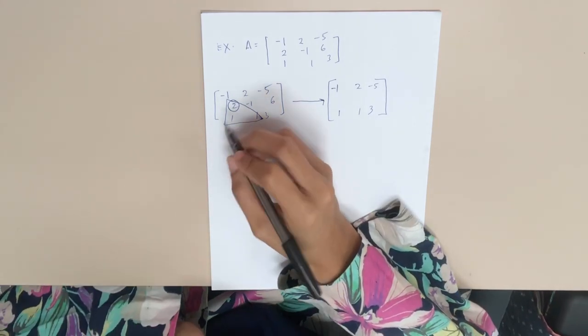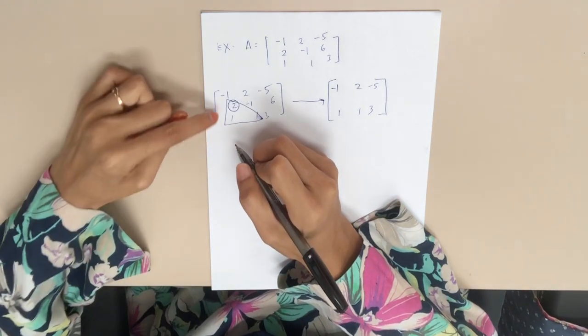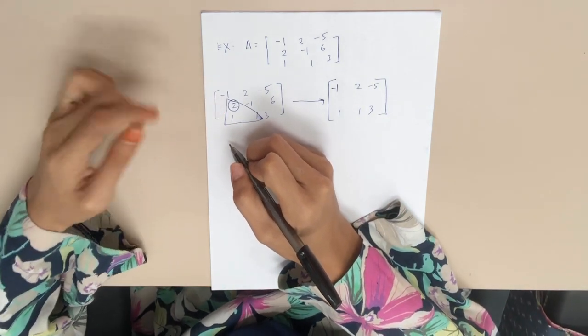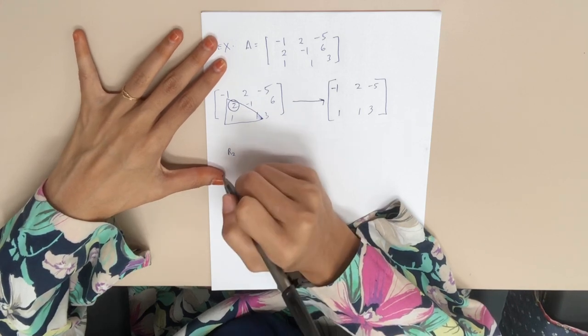You look at this number 2, which is located at row 2.